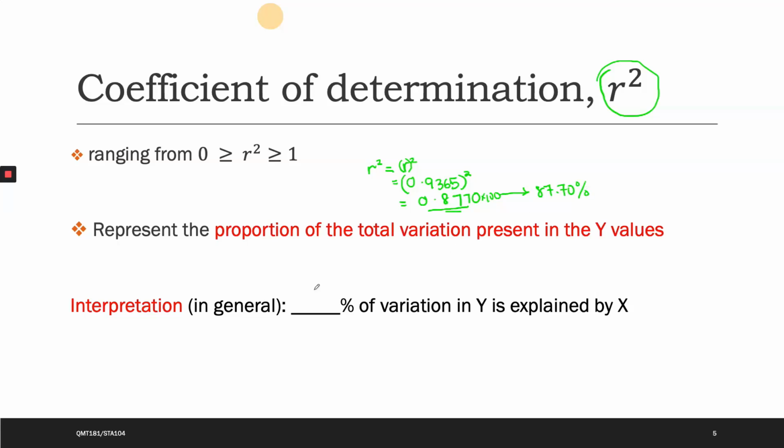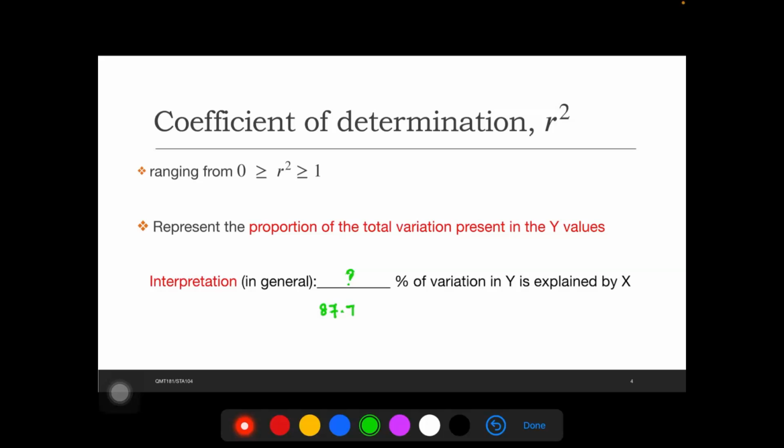So here, in general, you can say how many percentage of variation in Y is explained by X. So in this example case, we can say that 87.70% of variation in the number of sale is explained by number of leaflet.